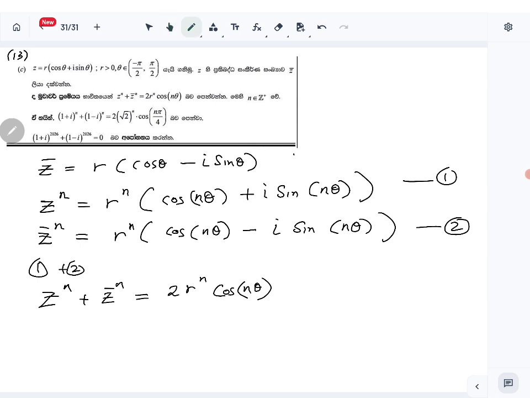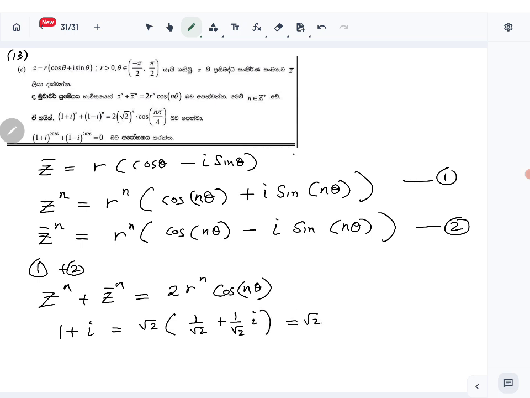So let's write 1 plus i and 1 minus i in r cos theta plus i sin theta form. So 1 plus i, you can take root 2 out. So 1 over root 2 plus 1 over root 2 i.